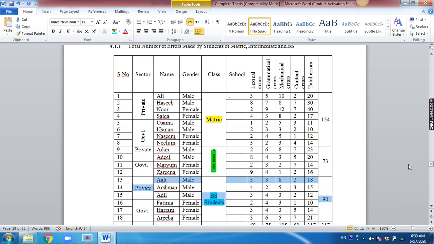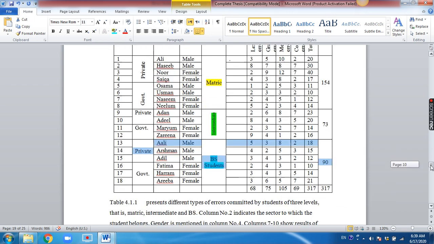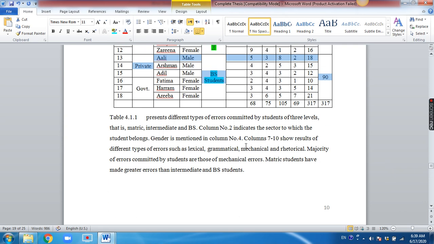So after giving a table like this, you can explain the table. Explanation of the table is known as interpreting the data. You can say table 4.1.1 presents different types of errors committed by students of 3 levels, that is matric, intermediate and BS.